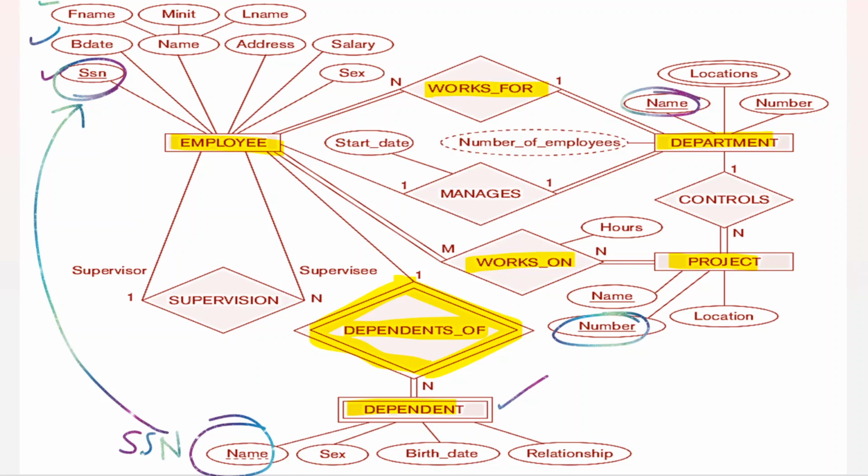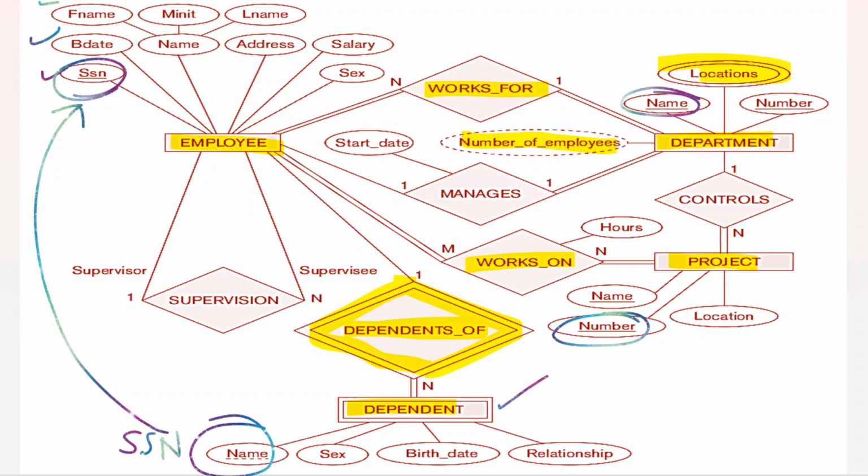Okay, next we have this derived attribute. Or we can also call it a null value attribute, because every time it changes and we have to calculate it.